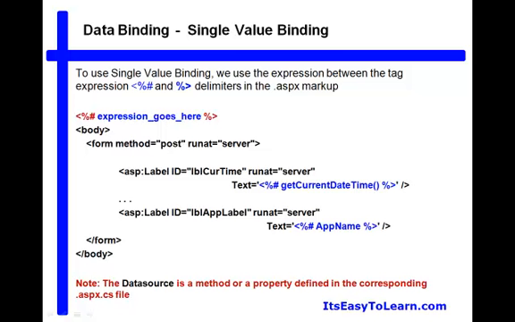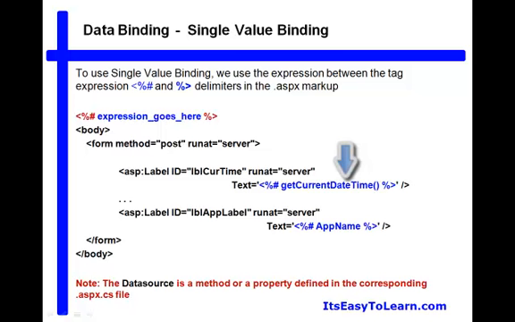Now, this data binding expression is the data source for this label, for this control. In this example, we have the method getCurrentDateTime as the data source for this label. This data source is bound to the control using the expression with the delimiters <%# and %>.